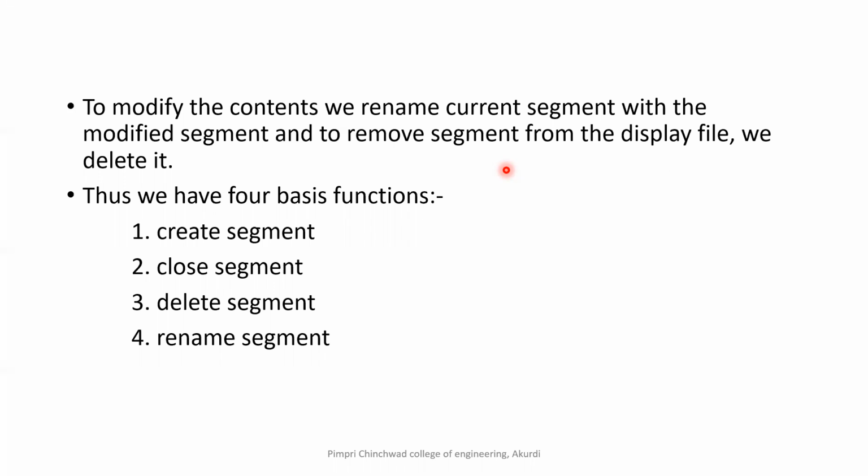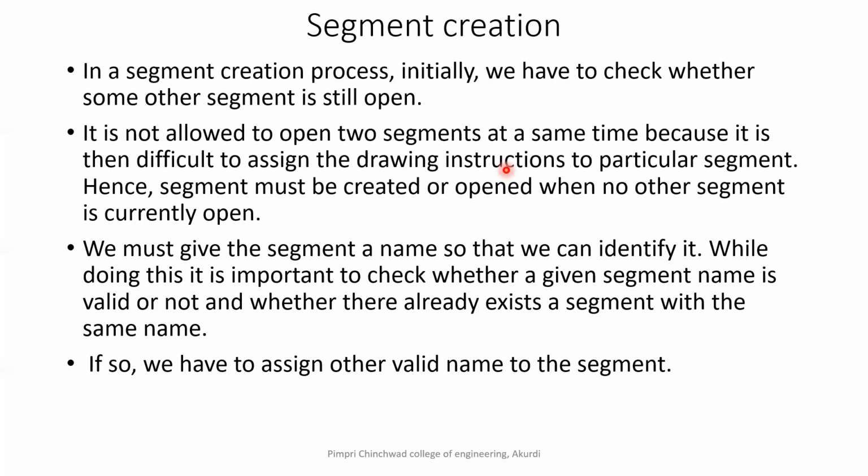Now, first we will learn how to create a segment. In the segment creation process, initially, we have to check whether some other segment is still open or not. If some other segment is open, then the compiler gets confused about which segment to be used.